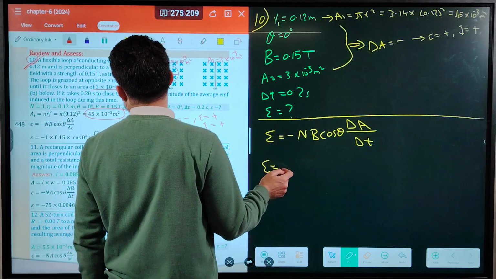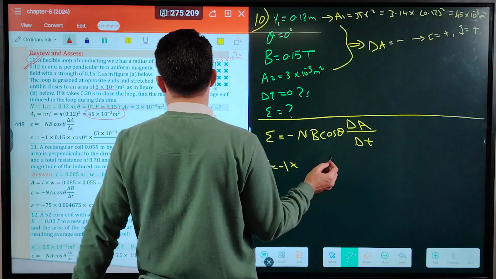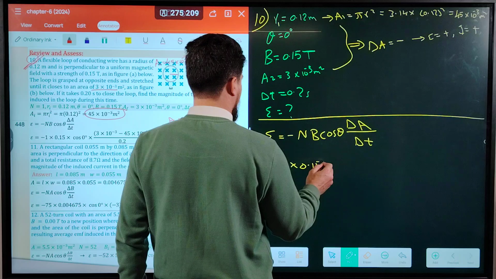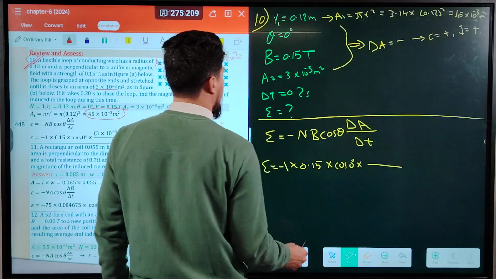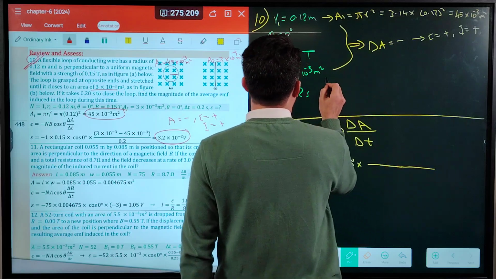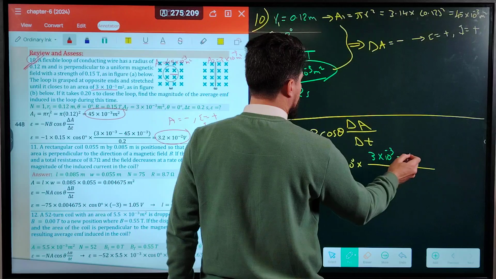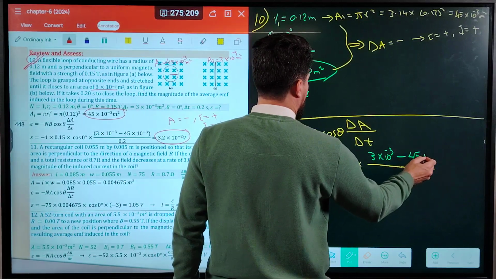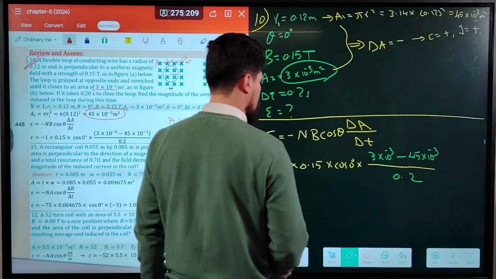Bring down the number of loops is 1, negative 1, times magnetic field is constant, fix it, 0.15, cosine 0, delta A is equal to A2 minus A1. A2, 3 times 10 power negative 3 minus 45 times 10 power negative 3, divided by 0.2.